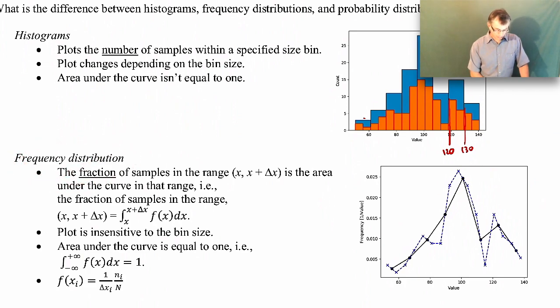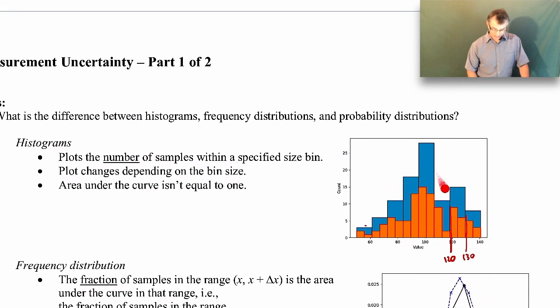Now, a frequency distribution tells us the fraction of samples in a certain bin size range. So the way to think about this, when I say fraction, it's not the total count. Let me go back up to this histogram. Let's say the total number of measurements here was 150.